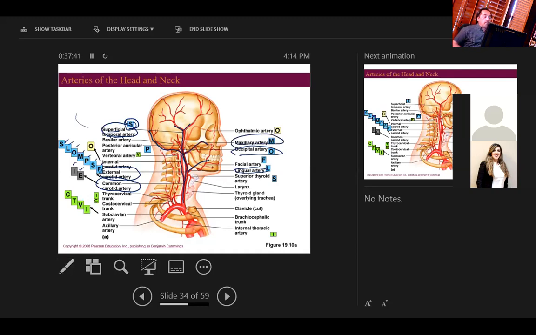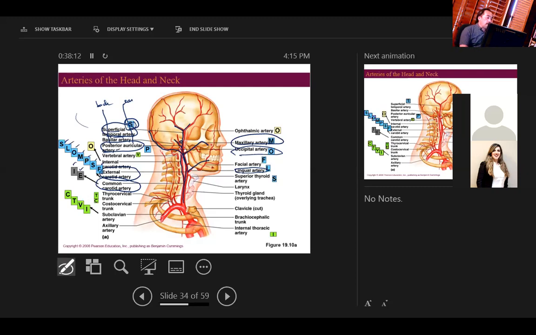M. P. What is P? It is called the posterior auricular artery. Posterior means the back. Auricular means the ear. So I look for a branch of the external carotid artery that goes to the back of the ear. Remember, this is your ear canal here. The branch of the external carotid artery that goes to the back of the ear is the posterior auricular artery.